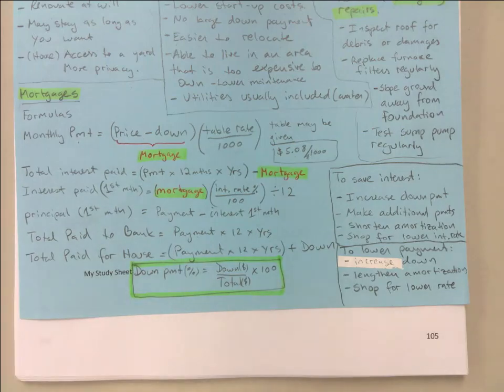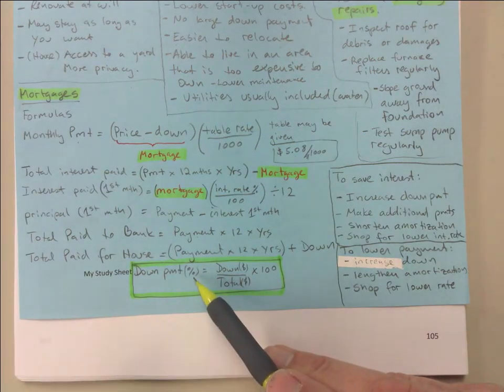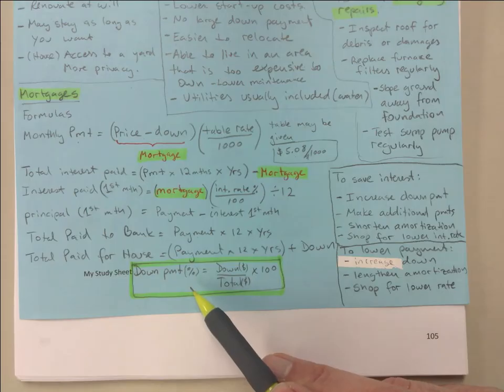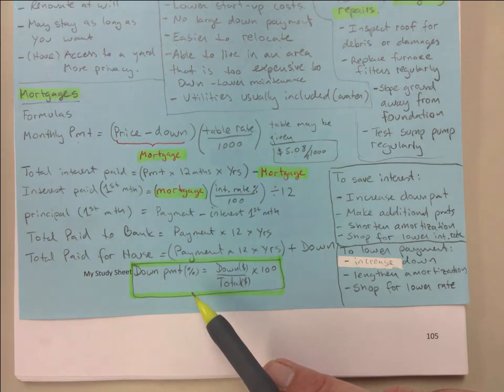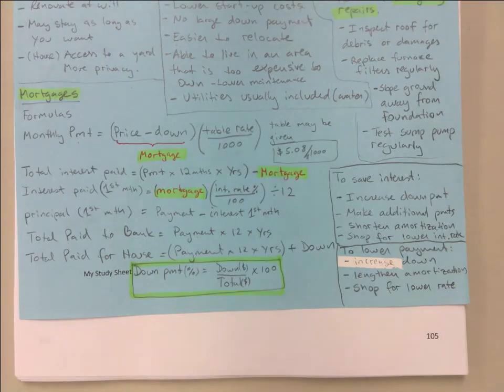If you need to figure out the down payment as a percentage, so let's say someone saved up a certain amount of money and you want to make sure they have enough. What do we need minimum? Minimum in Canada, 5% minimum. To get approved, I would say you should save up 7 to 10% because of all the extras.